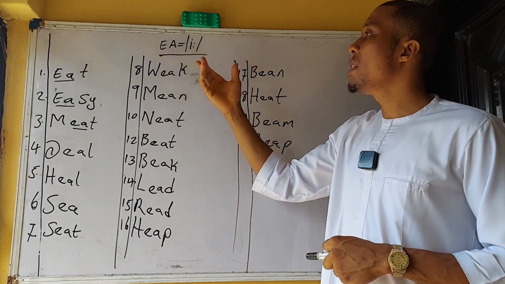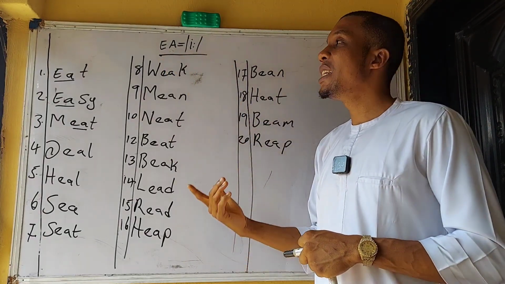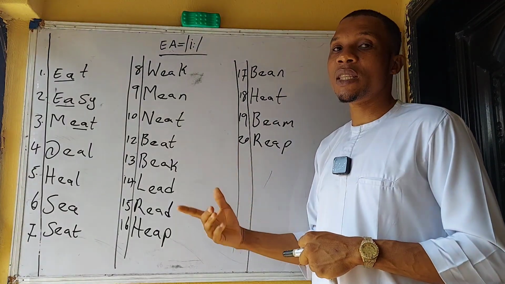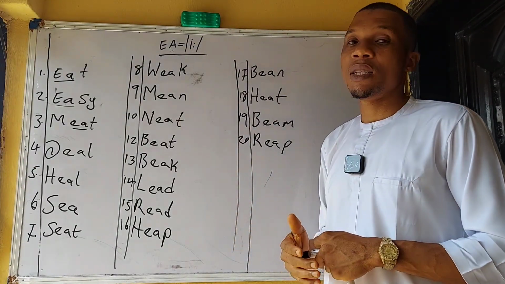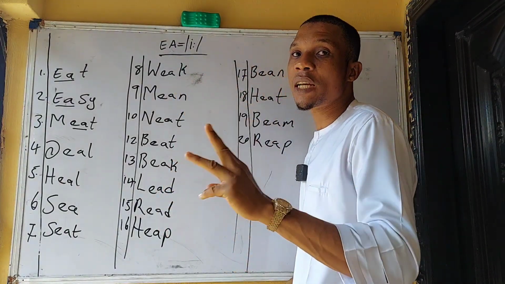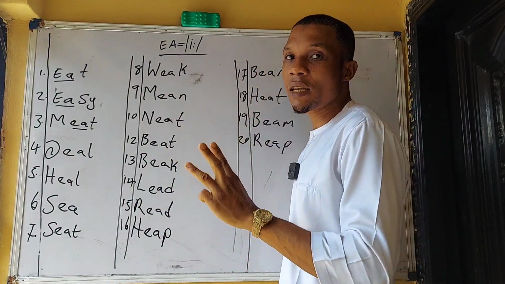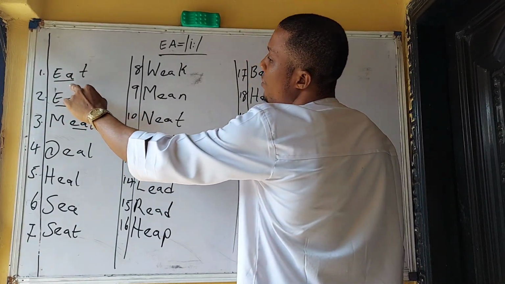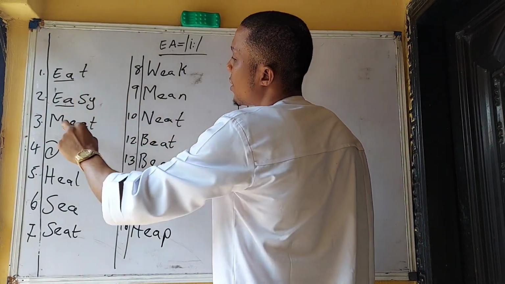So E-A in this word is taking E sound. E-A in this word is taking what? E sound. Is that clear? So whenever you see E-A in a word, subject it to the 3 sounds: the air sound, E sound, and the A sound. So like this now, you are having this to be what?